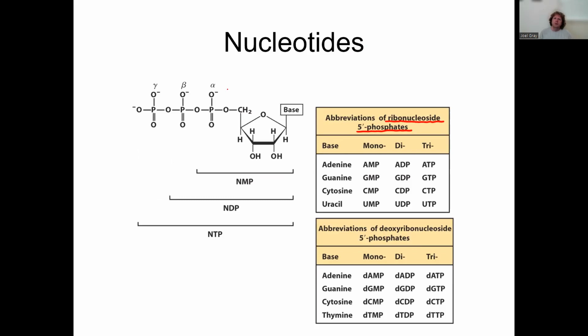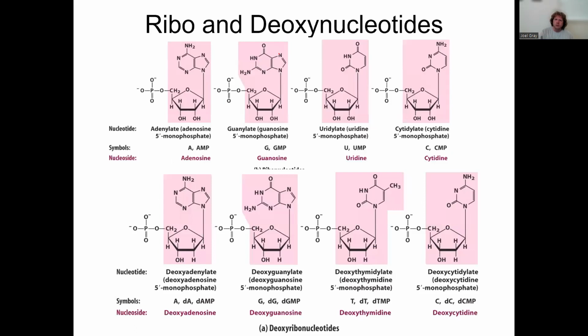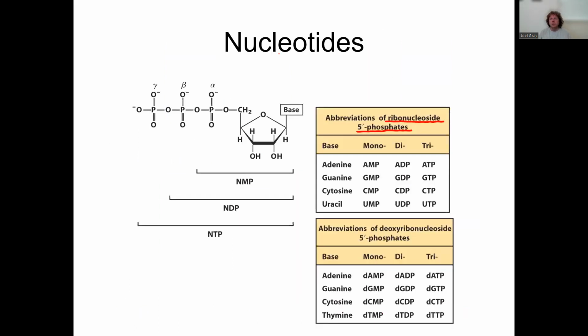So it's important for you to know that a nucleoside consists of a base and a sugar. A nucleotide consists of a base, a sugar, and at least one phosphate. I personally have a tendency to use terminology that is nucleoside plus phosphate rather than saying a nucleotide name. And that's kind of what's depicted here.